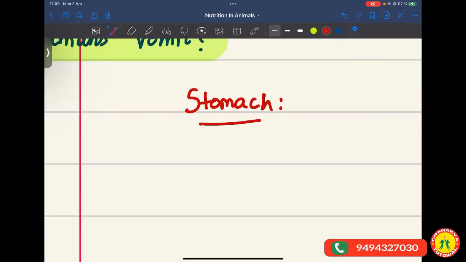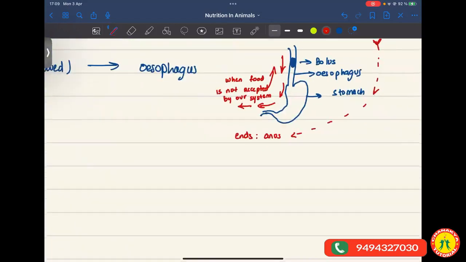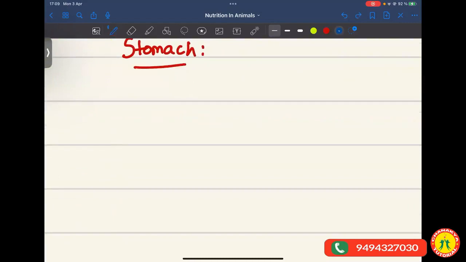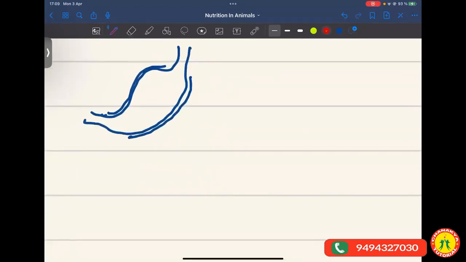So the stomach is what? It's a very thick walled bag. You can see it's like a bag over here. The wall is very thick. So the walls of the stomach are thick, and you can see the whole stomach is J-shaped.